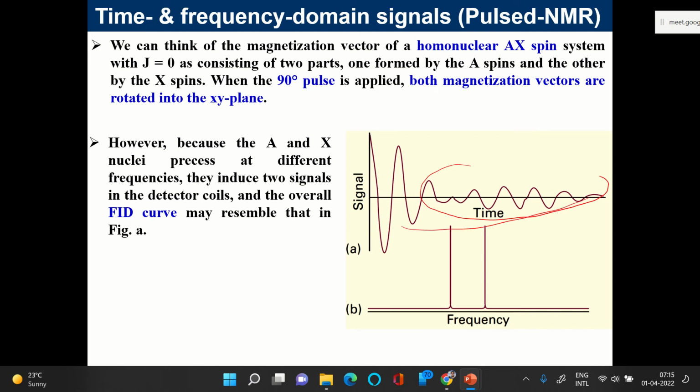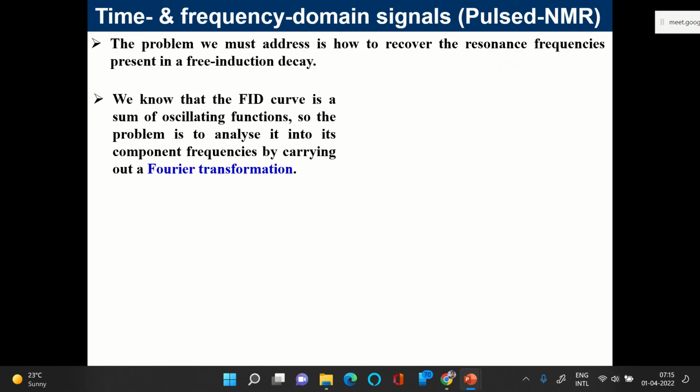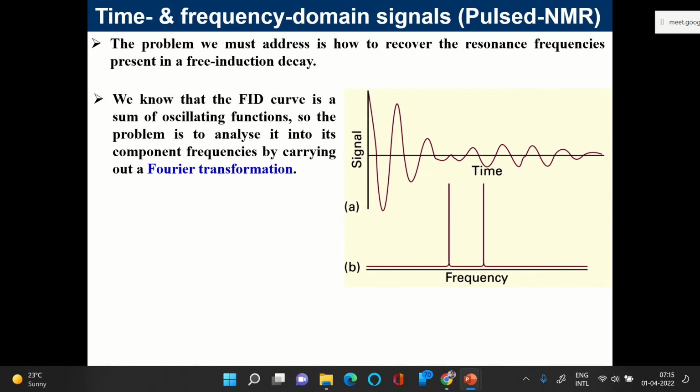And as the number of magnetically active nuclei connected through chemical bonds increases, then this signal will get more and more complicated. This signal is typically called FID, the FID curve, and you need mathematical help.